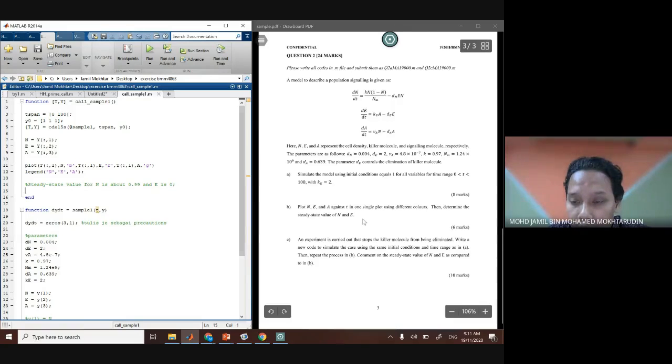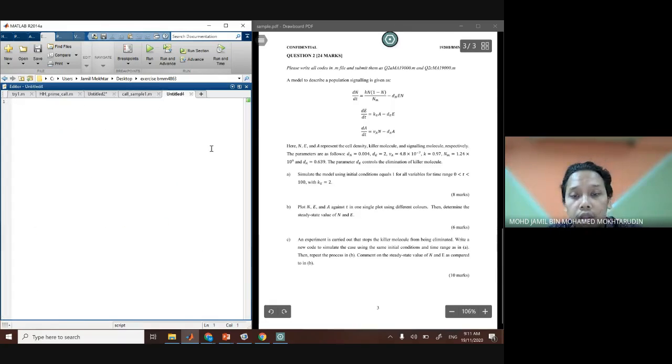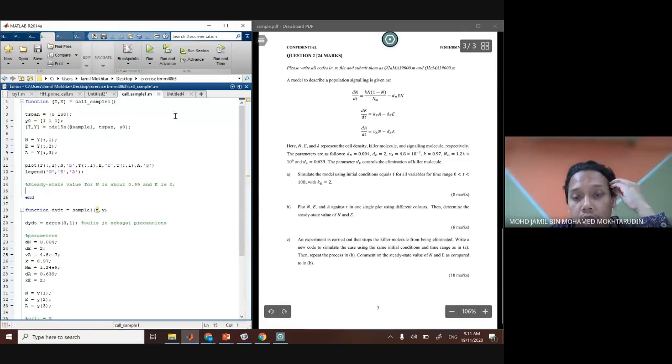Okay, after that question C. So question C, an experiment is carried out that stops the killer molecule from being eliminated.